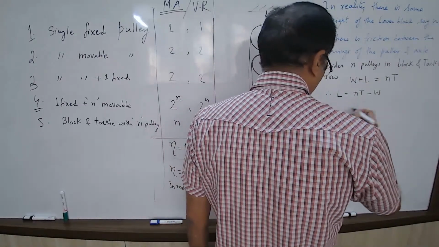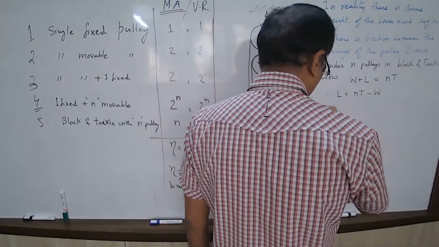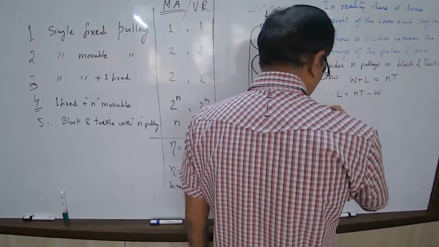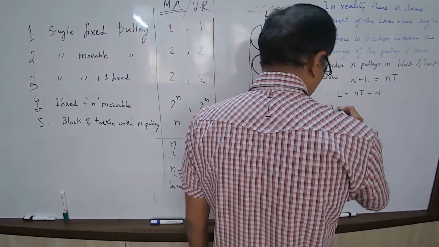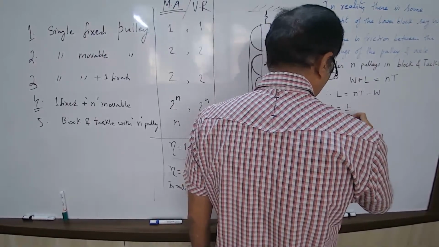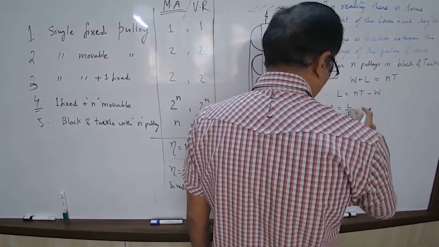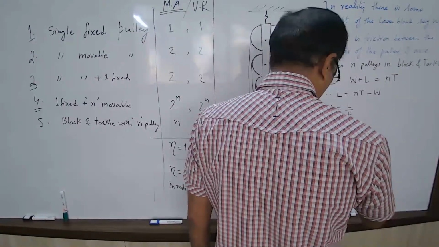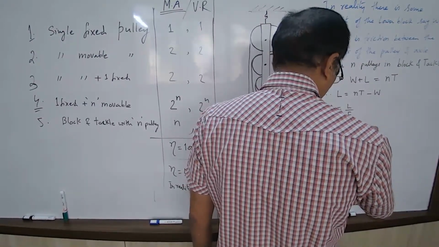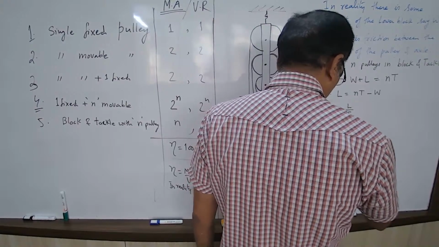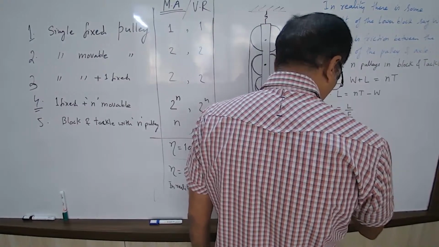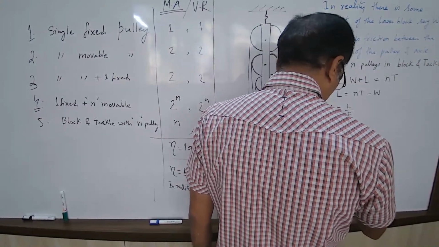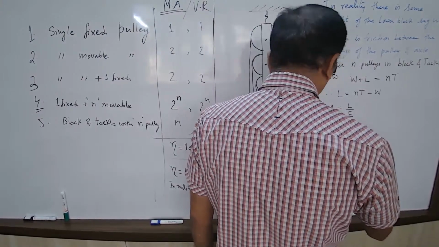Okay. So therefore what is mechanical advantage? L upon E. So what is L? NT minus W upon E. So how much is this? And what is E?